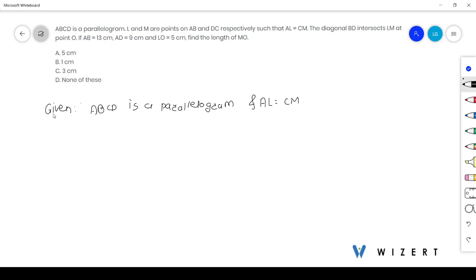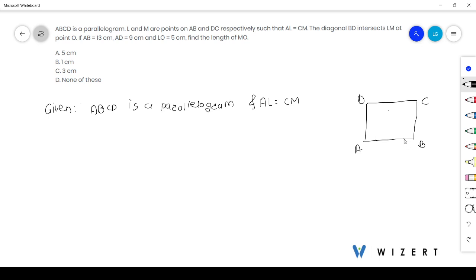Here, let us draw a figure from the given information. ABCD is a parallelogram with vertices A, B, C and D. Then L and M are the points on AB and DC.